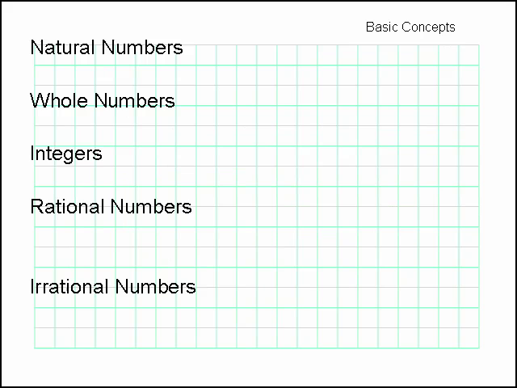Now for some sets of real numbers that we have. The natural numbers is probably the simplest set of numbers. If someone asked you to start counting, you would start at 1, and then go 2, 3, 4, and so on. That is the set of natural numbers, and for obvious reasons it's also sometimes called the counting numbers.